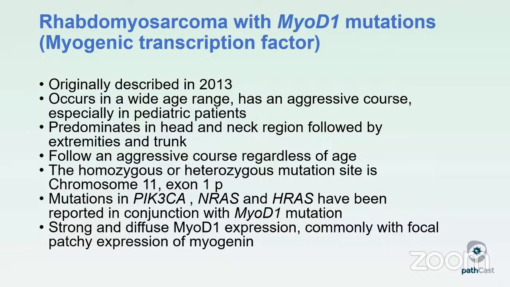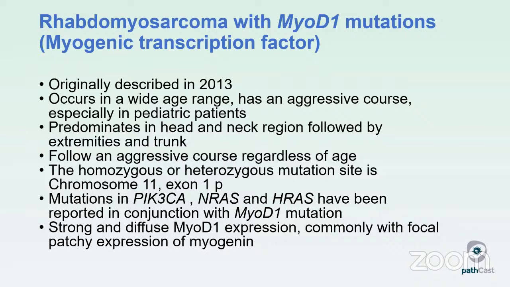The ones with MyoD1 mutation is relatively recent, described in 2013. It occurs in a wide age range, but it's an aggressive tumor, both in pediatric patients and in adult patients. It seems to be a tumor of head and neck regions, followed by extremity and trunk. It could have homozygous or heterozygous mutations on chromosome 11.